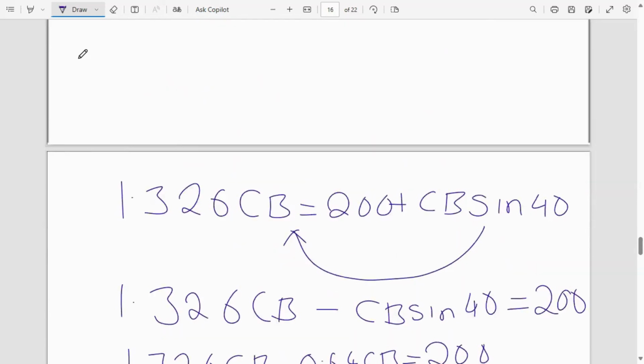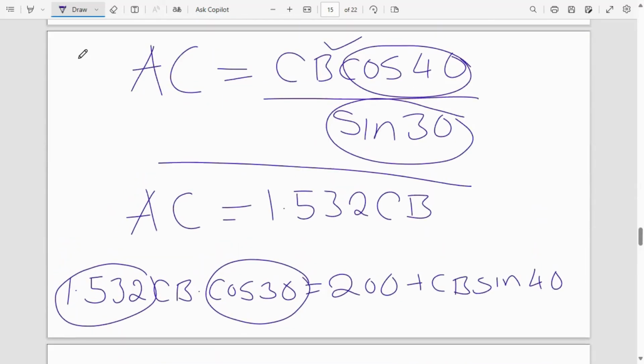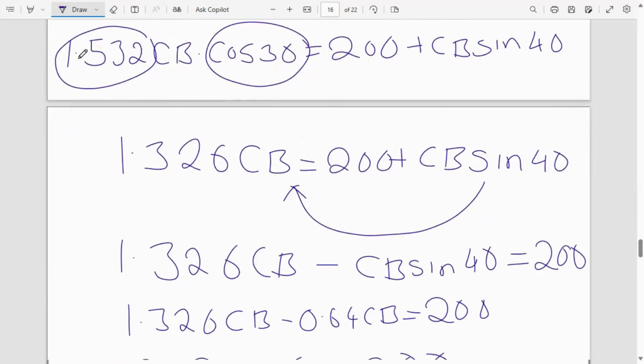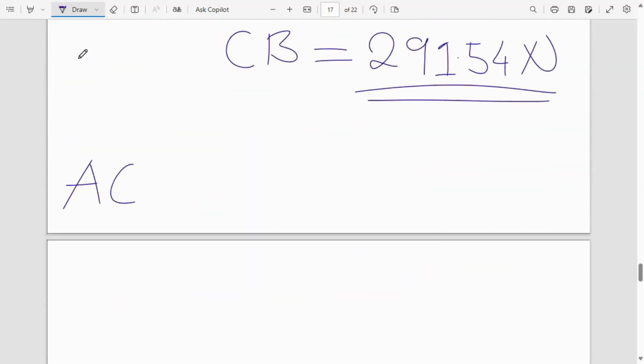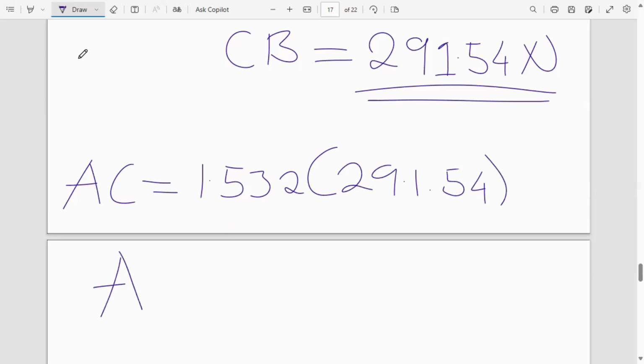And if that is the tension, I'll plug that value into this equation here. AC is equal to 1.532 multiplied by CB, which is 291.54. AC will be equal to 446.67 Newton.